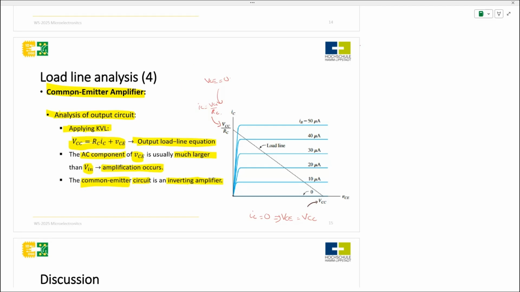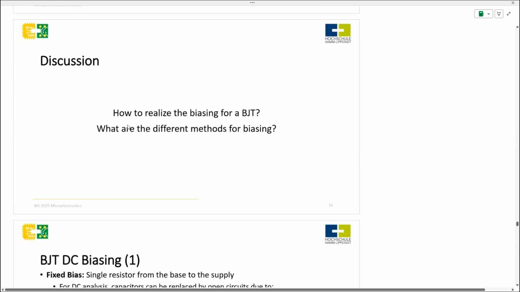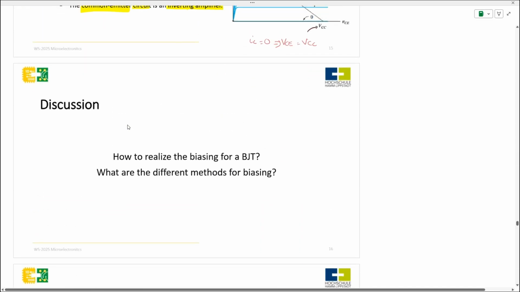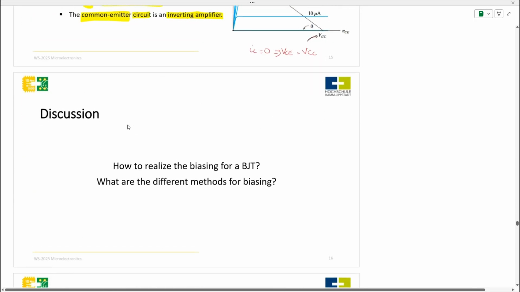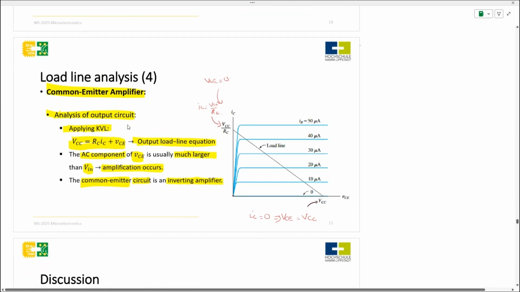So here we can say the common emitter amplifier is an inverting amplifier. I believe we'll be talking about this. Okay, so how to realize the biasing for the BJT, or the different methods. I will take a small break and get back to you to talk more about this one.